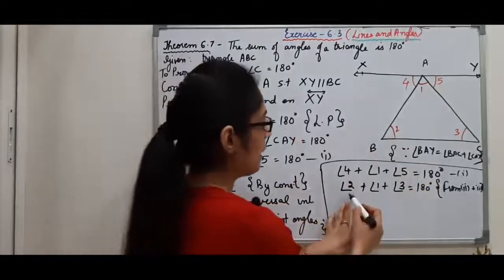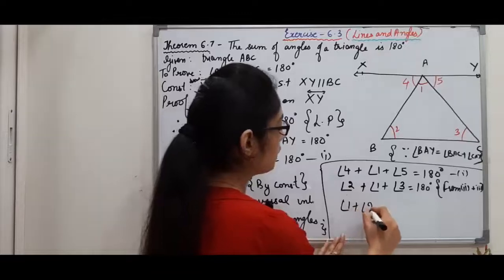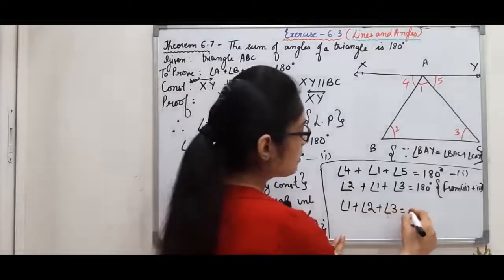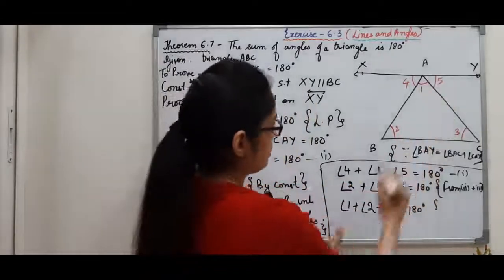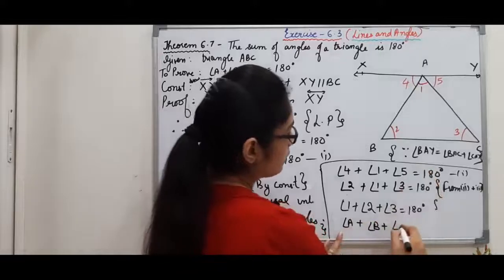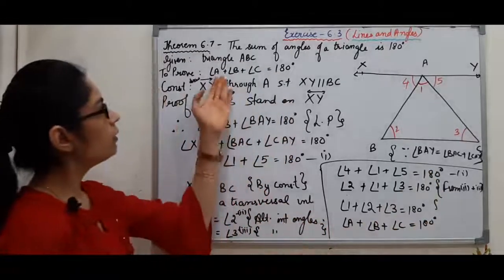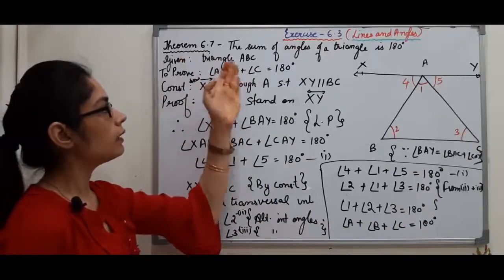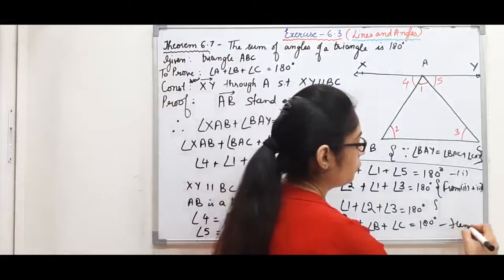Now angle 2 plus angle 1 plus angle 3, I can rewrite as angle 1 plus angle 2 plus angle 3 is equal to 180 degrees. So angle 1 is angle A, angle 2 is angle B and angle 3 is angle C. It's equal to 180 degrees, and now you can see we have proved angle A plus angle B plus angle C is equal to 180 degrees. So hence proved.